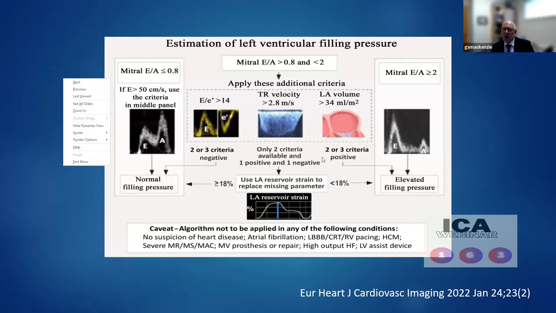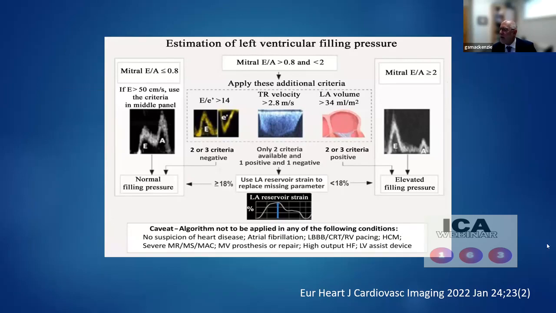As I had mentioned earlier, TR velocity may be challenging to get in many of our patients. So if you're unable to get that and you can measure LA reservoir strain, if your LA reservoir strain is less than 18%, that's highly suggestive that you have elevated filling pressures.